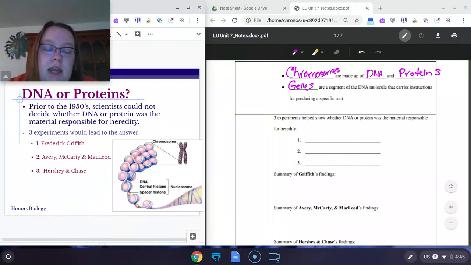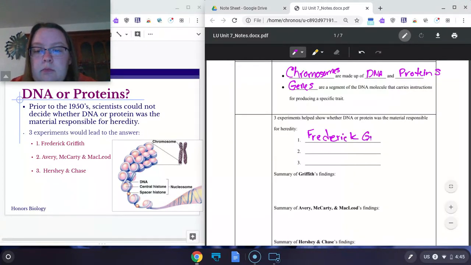The names of the individuals that did these three experiments: the first was Frederick Griffith. The second group of experiments was done by a group of scientists, Avery, McCarty, and McLeod.